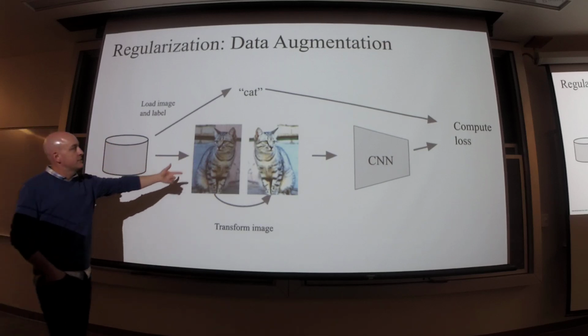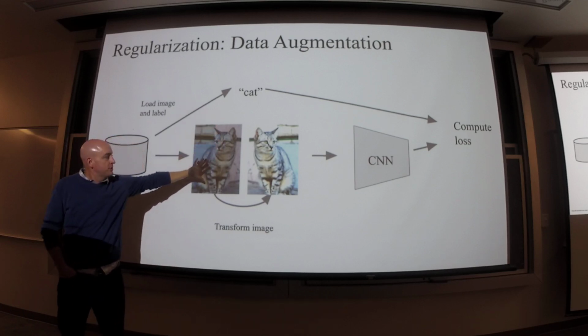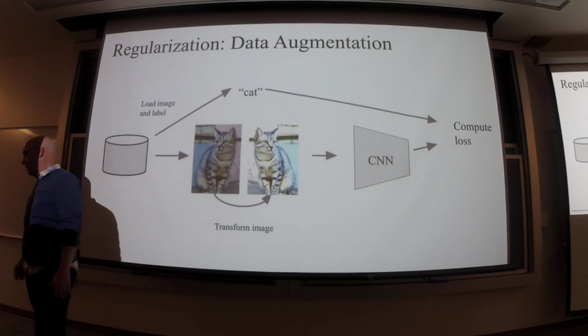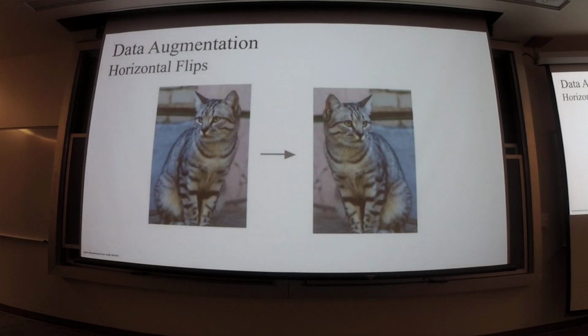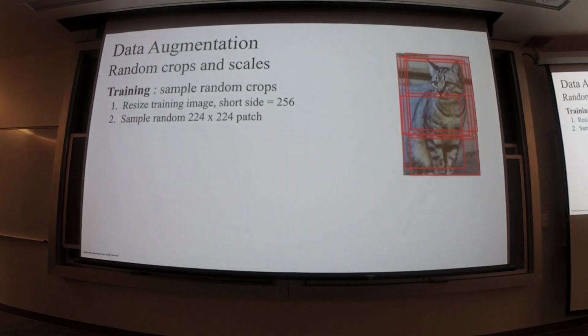You know that they'll all have the same label as the original image, but then you start doing all kinds of things to it. There are standard things like transforming, rotating it, flipping it about either axis, so it's upside down, or flipped side to side, left to right. Changing the intensities of it, changing the colors of it, and then horizontal flips. A real standard way to improve on this ImageNet task is to do these crops and scales.